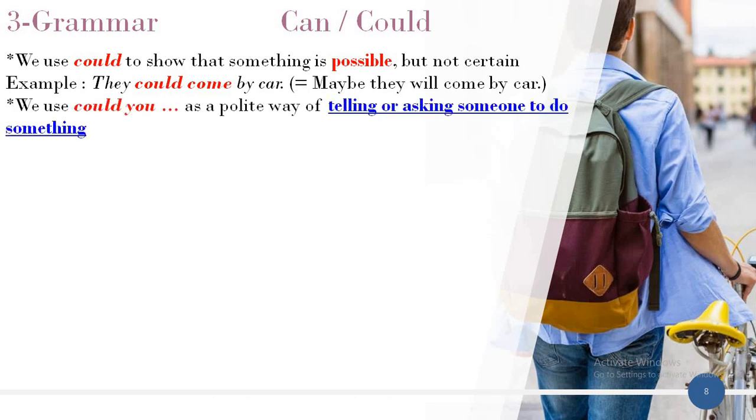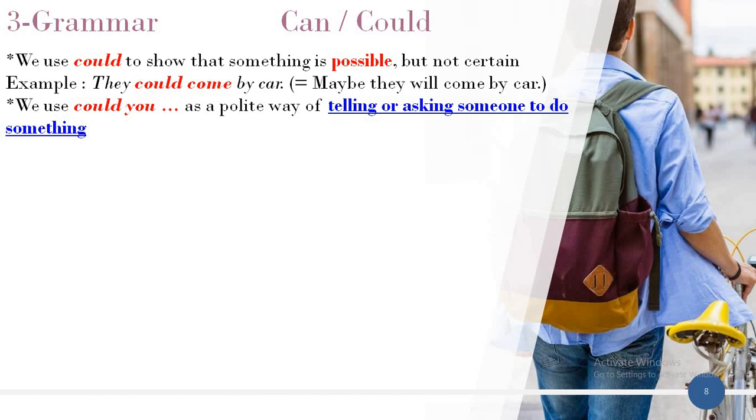We use could as a polite way of telling or asking someone to do something. So please concentrate with me on the use of could. One, we said could is used to show that something is possible.